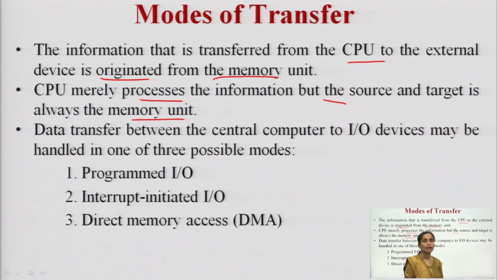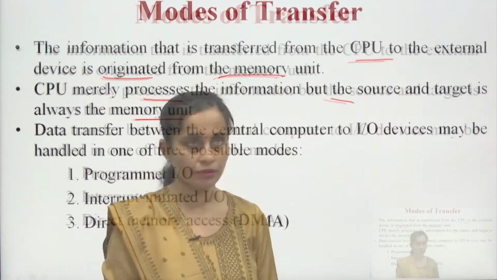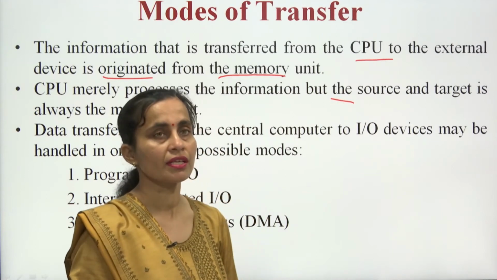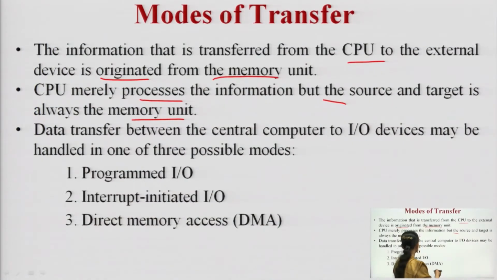The data transfer between the central computer and the IO device can be handled in three possible ways. One is programmed IO, where through a program the CPU is continuously monitoring, and the second one is interrupt initiated IO.